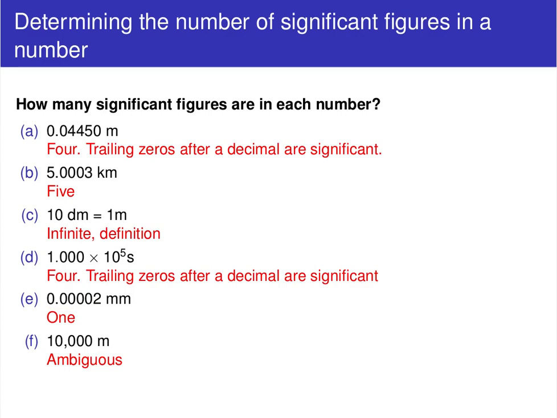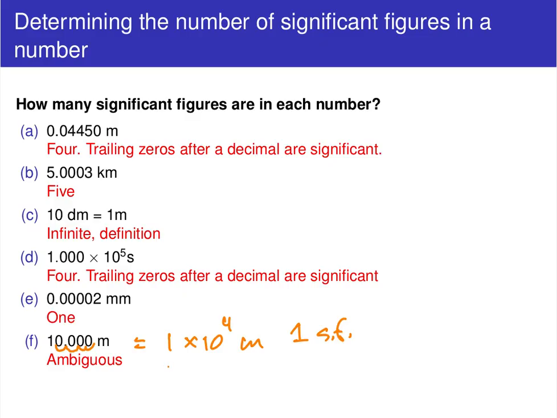Okay. Of course, if you wanted to say that, hey, none of these zeros are significant, what you'd have to do is write this in scientific notation. So you go 1, 2, 3, 4 decimal places. So we would write 1 times 10 to the 4 meters if we want only one sig fig.